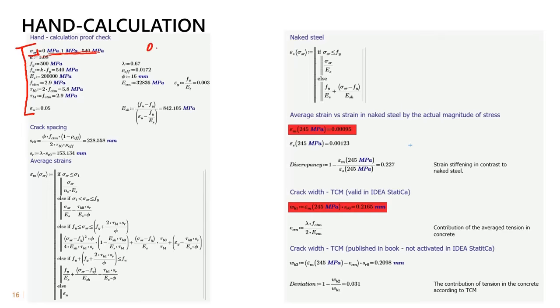So you will get the list of those stresses, and based on those stresses, you calculate the relevant strain. You can just outline the sigma sr and epsilon m like a diagram. So you will exactly know how your diagram looks inside IDEA StatiCa.